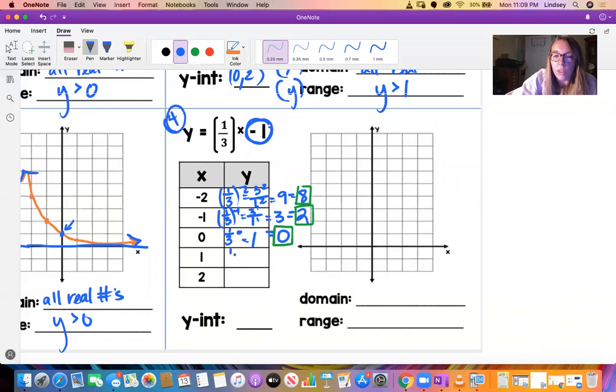Okay, then we have 1/3 to the first power, which is going to equal 1/3. Minus 1 is going to be -2/3. I believe, let me check my notes. Yes.